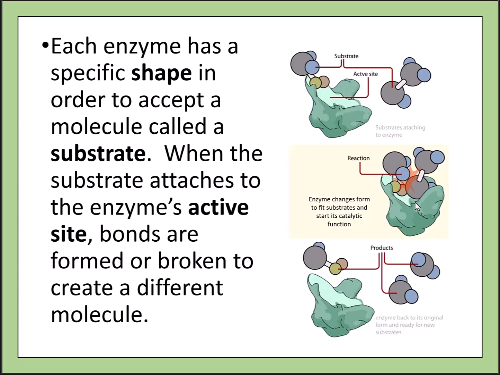That enzyme is able to either form bonds in several substrates and bond them together, or break a substrate apart into different products. In this reaction here, it looks like we've got a large substrate and a smaller substrate, and when they both fit into that active site of the enzyme, we now convert that into 3 products when we only started with 2 reactants. So those bonds between those atoms are being broken and rearranged.